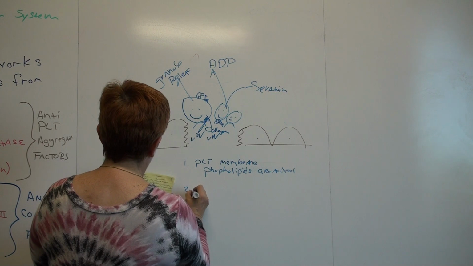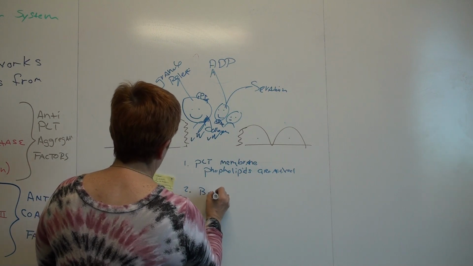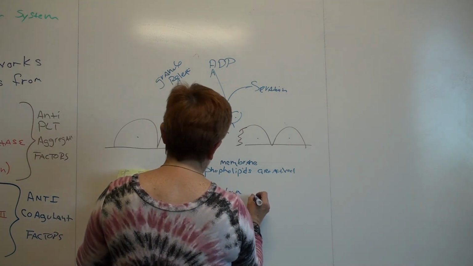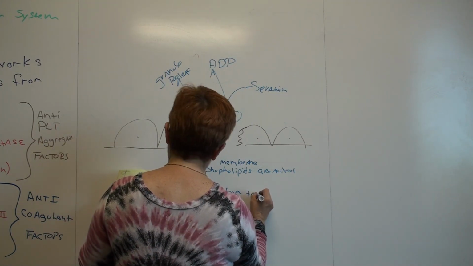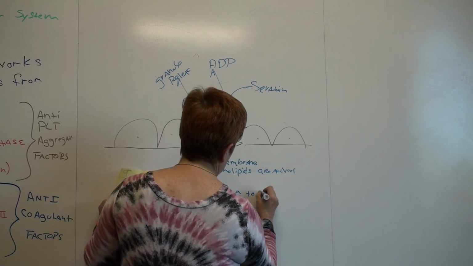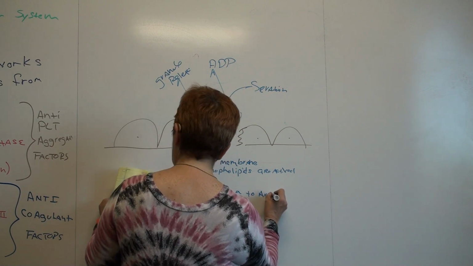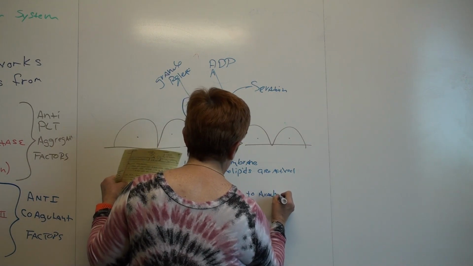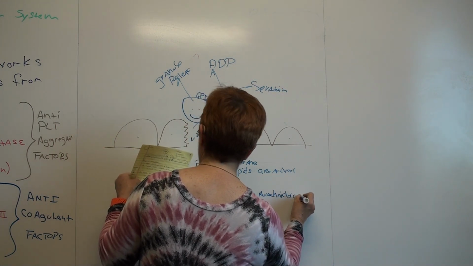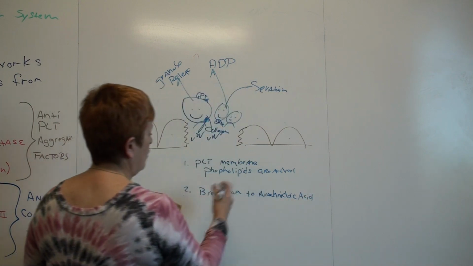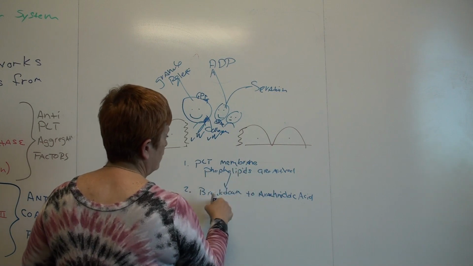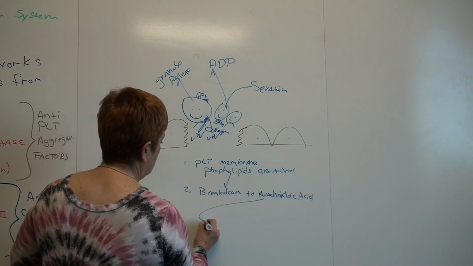Once they become activated, they're going to break down to arachidonic acid. Let me see how you spell it. Arachidonic acid. Phospholipids are activated, and they break down to arachidonic acid. Well, what do I care?